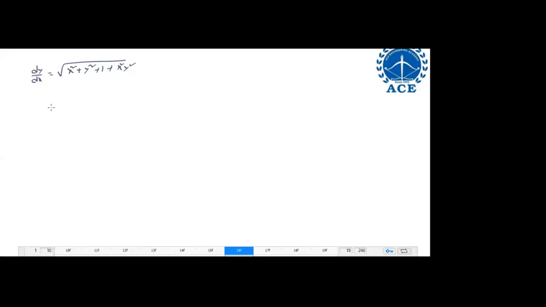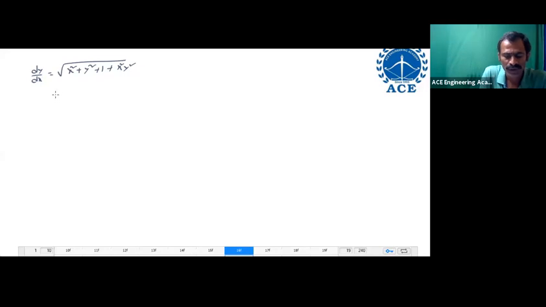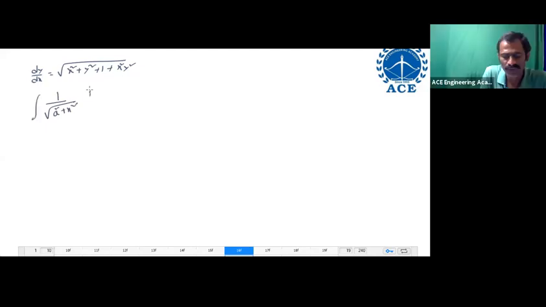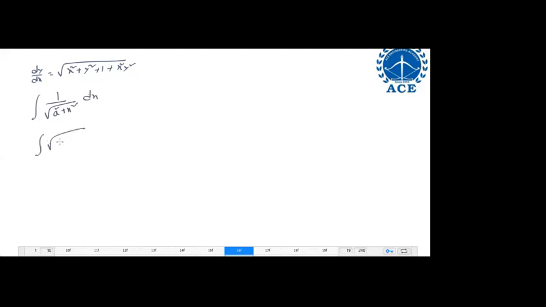Sir, in that 1 upon under root of 1 plus y square, the a square plus x square formula is required, another formula.